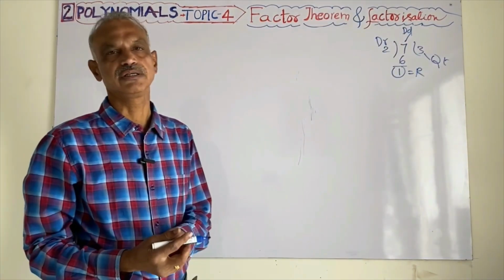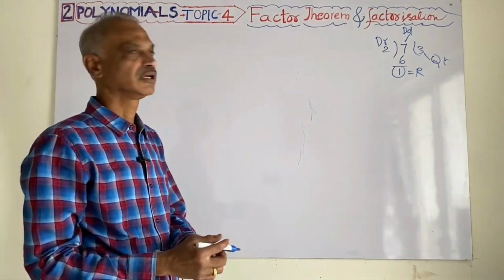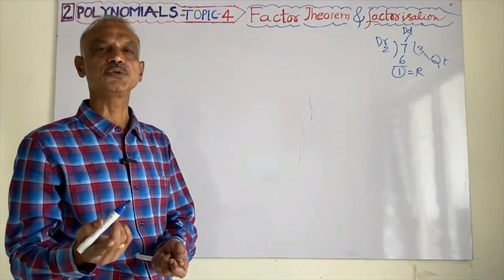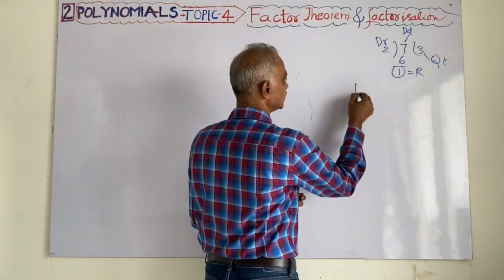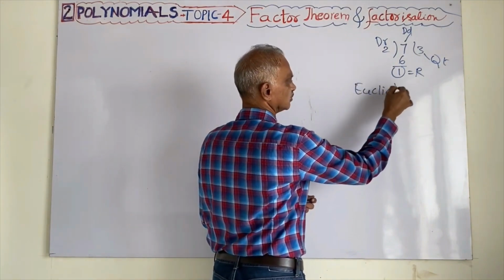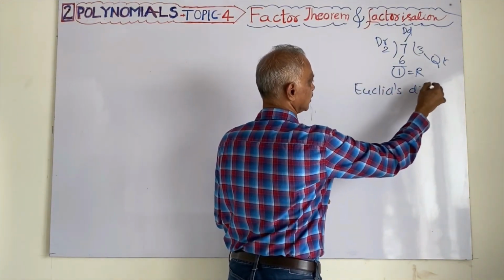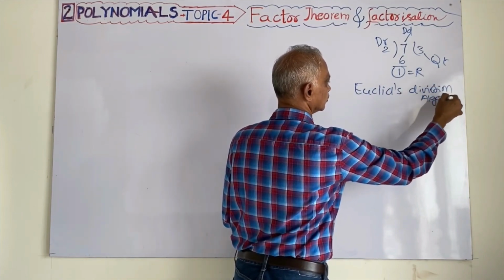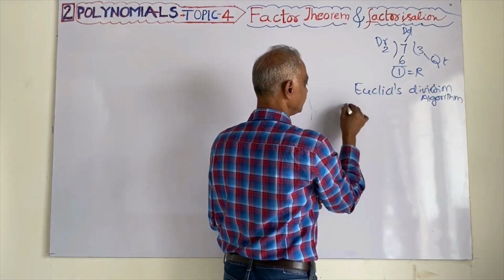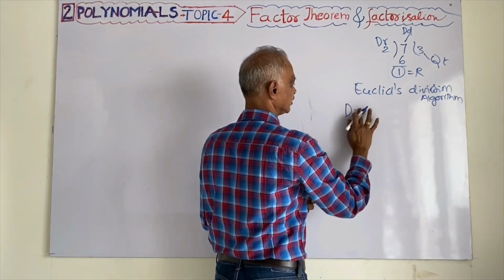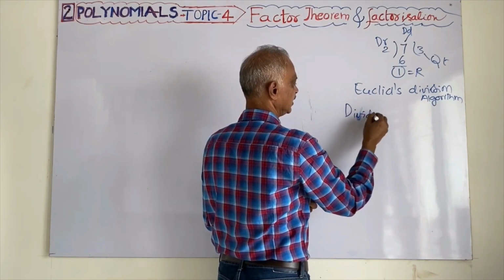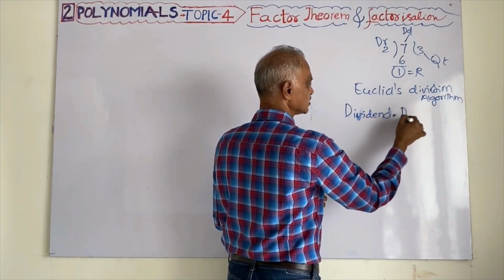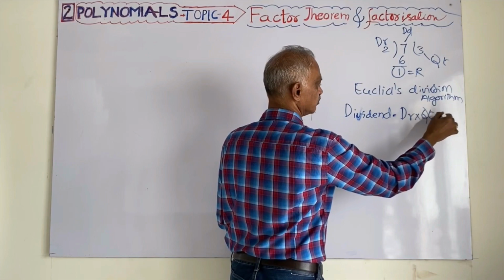You know Euclid's division algorithm, also called the division lemma: dividend is equal to divisor into quotient plus remainder.